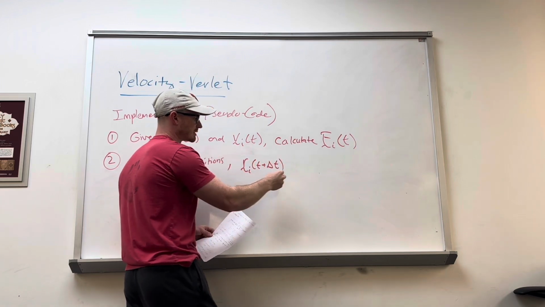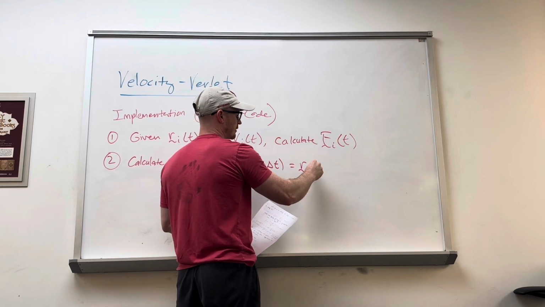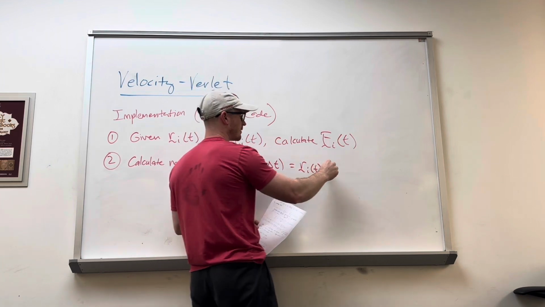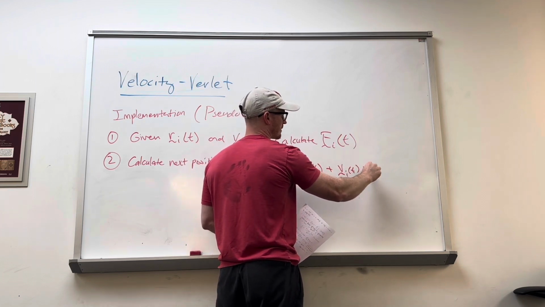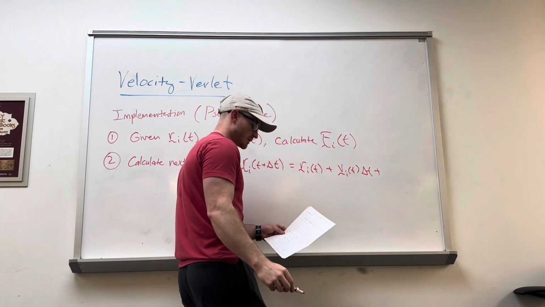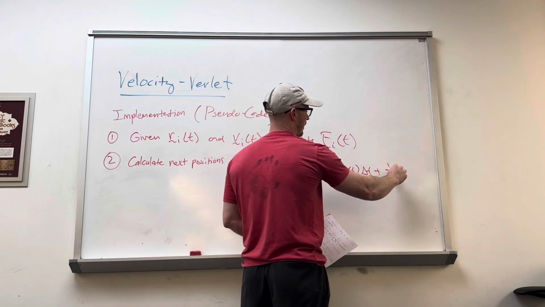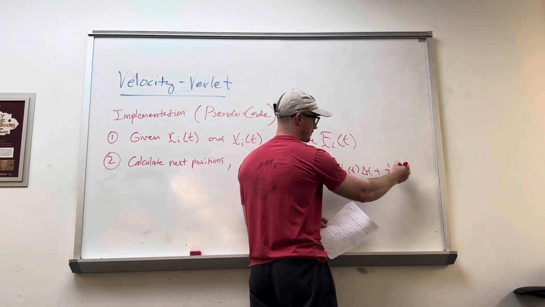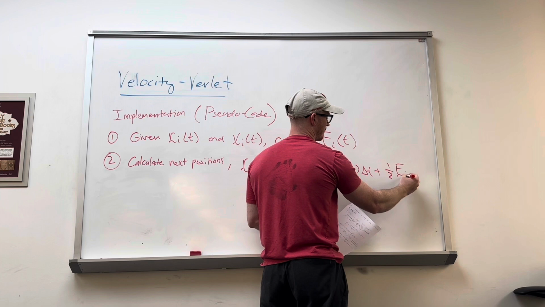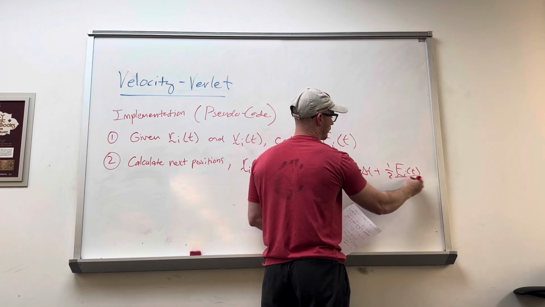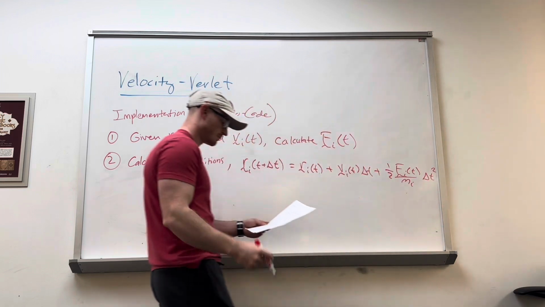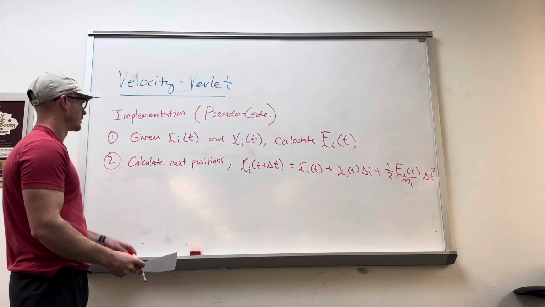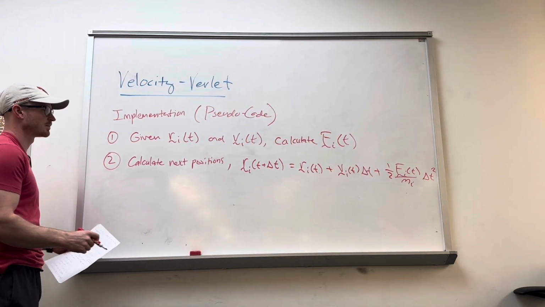R of t plus delta t is just your initial positions that are given plus your initial velocity, which is given, times delta t, plus your 1/2 Fi of t over mi delta t squared. So we calculate the next positions.